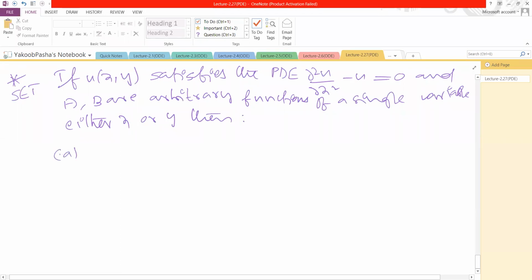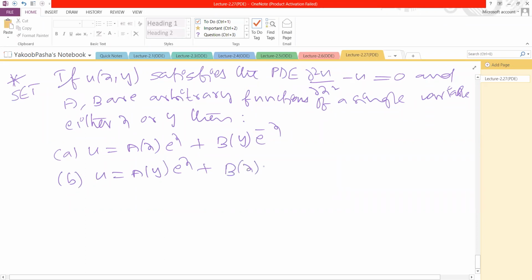First option A, u is equal to A of x into e to the power of x plus B of y into e to the power of minus x. Option B, u equal to A of y into e to the power of x plus B of x into e to the power of minus x.